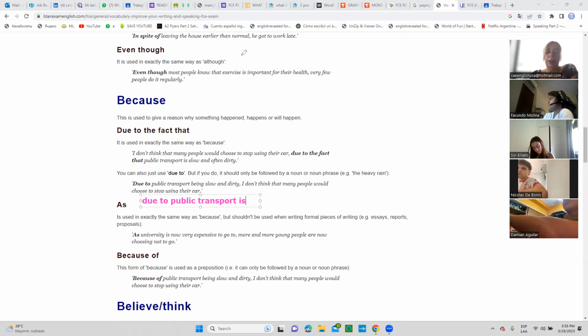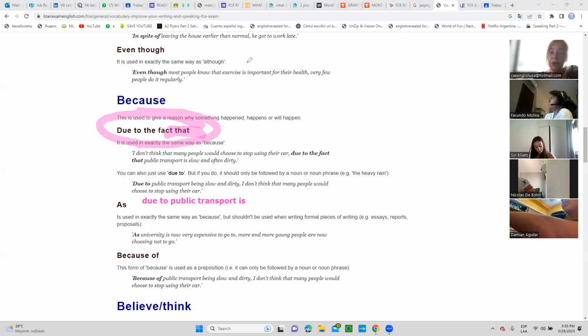Okay. So now you know, so you can continue to use due to because it's fantastic. And I like that you are using it, but you're using it in the wrong way. So remember, due to the fact that, whenever you have that, what comes after is going to be a sentence, a clause. No problem.